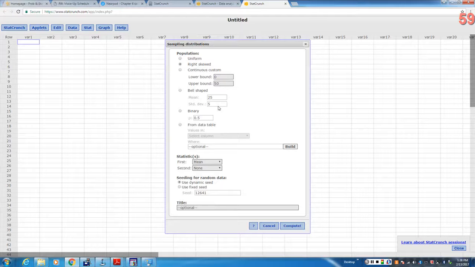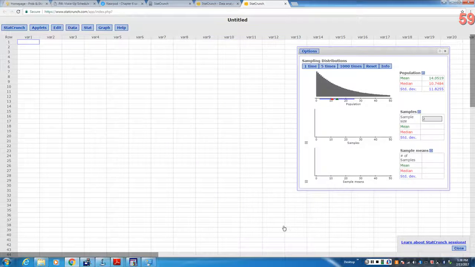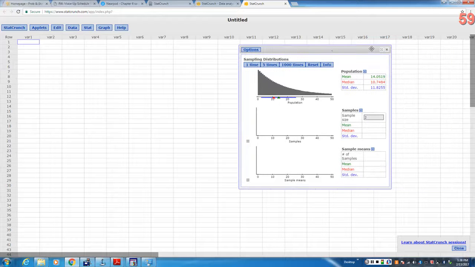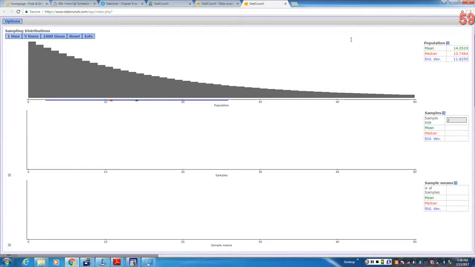So it's not normal. The mean is still going to be, it's going to be skewed to one side. Do you see this distribution right here? Is that a normal distribution?